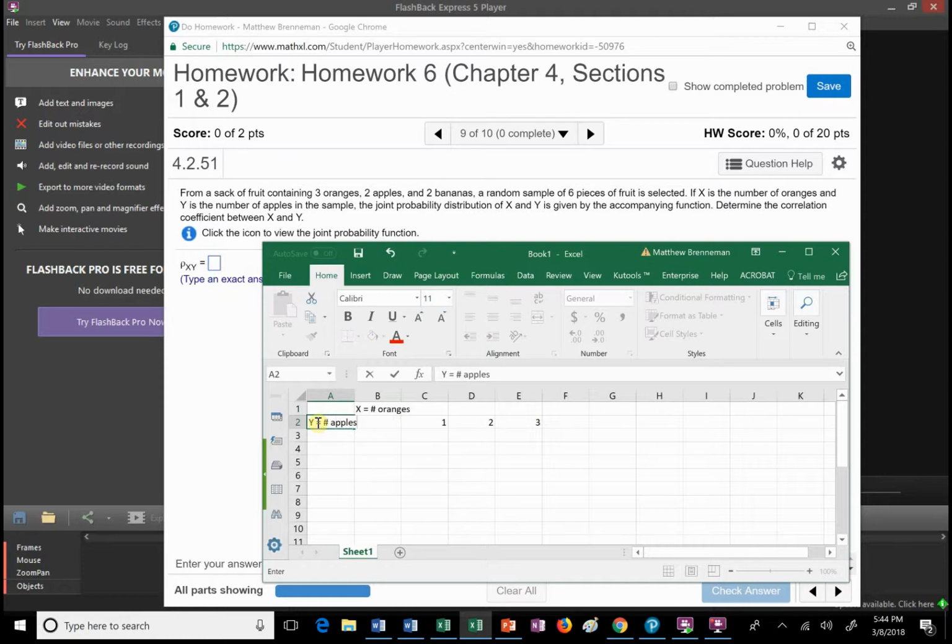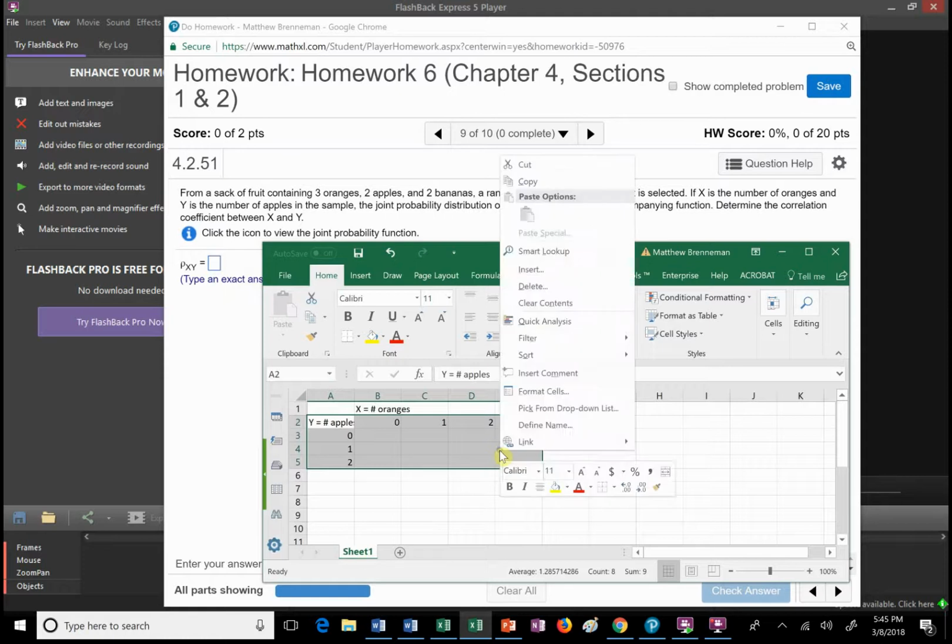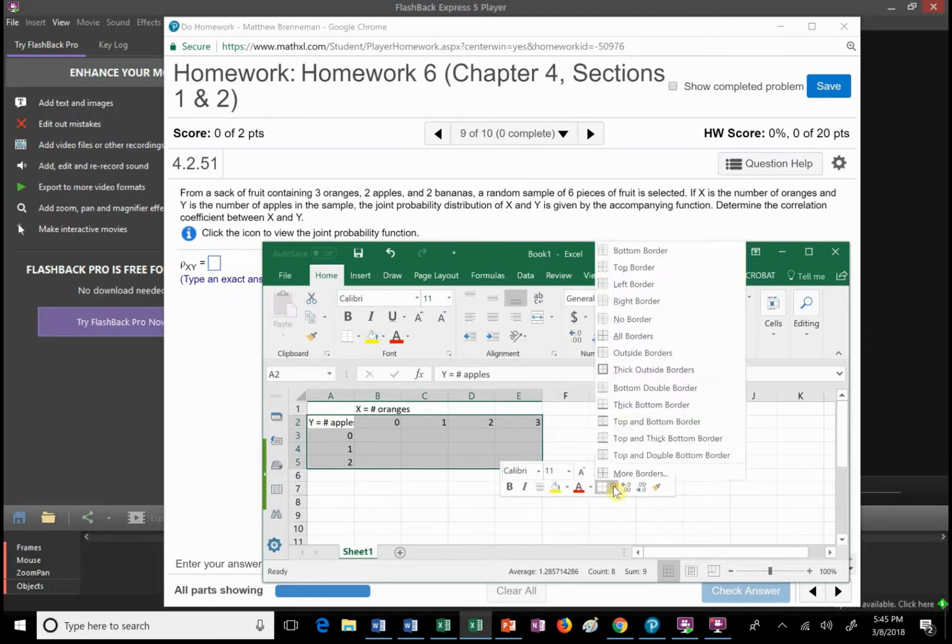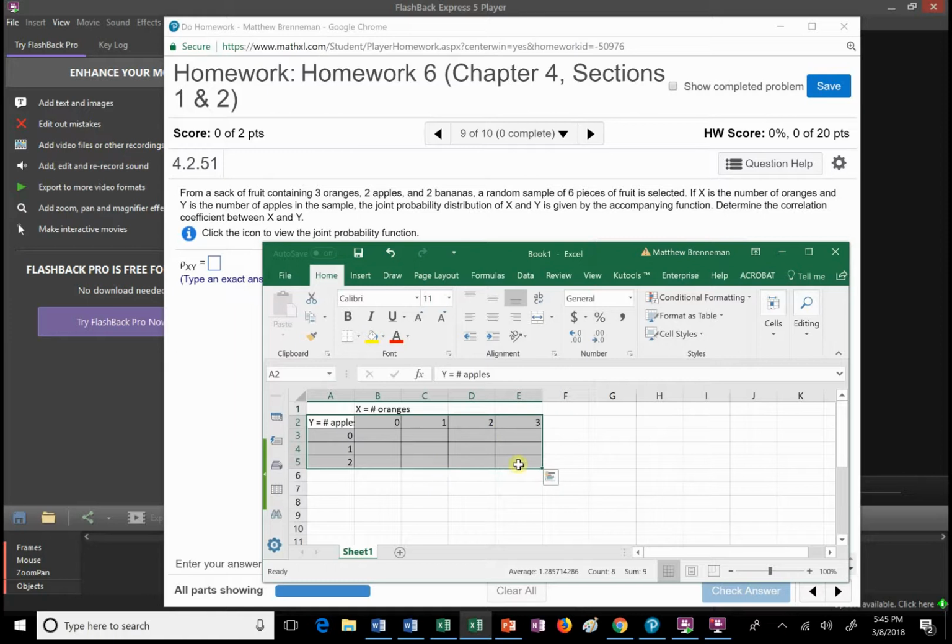And that can go from 0 to 2. Okay? And this will be where our probability mass function is. We'll just make a little table like here. Okay, and there we are.